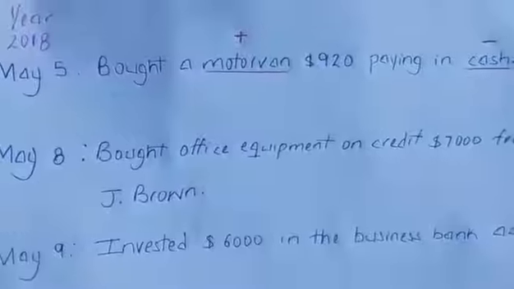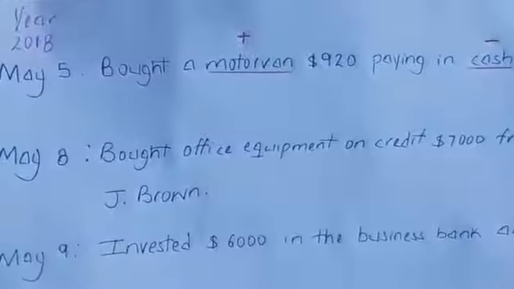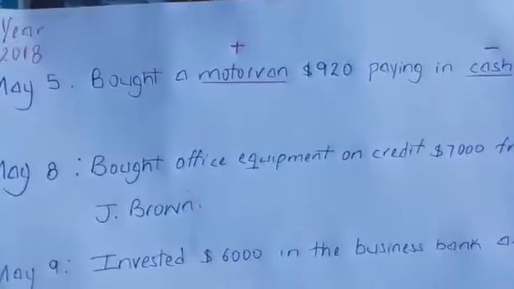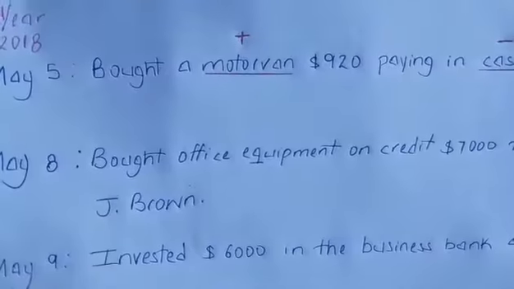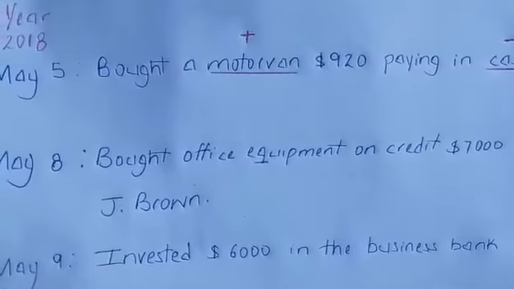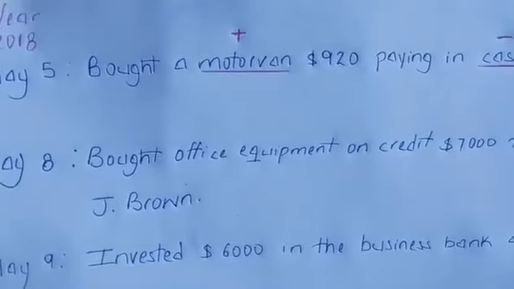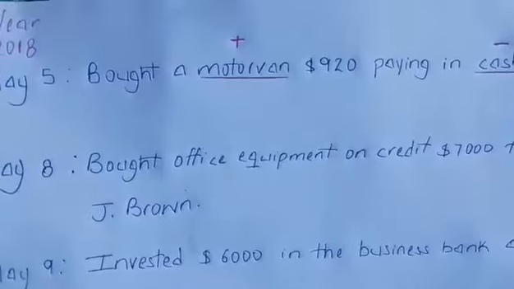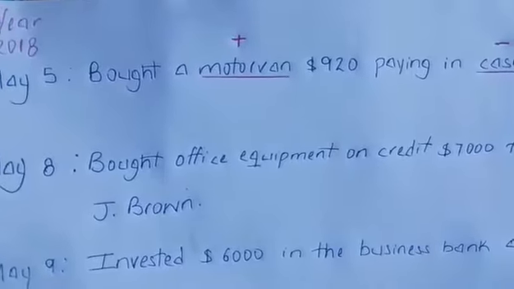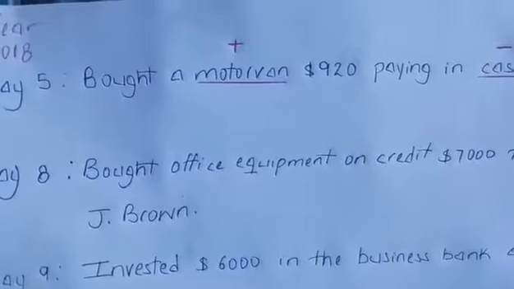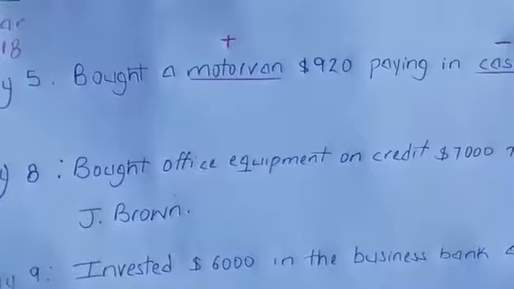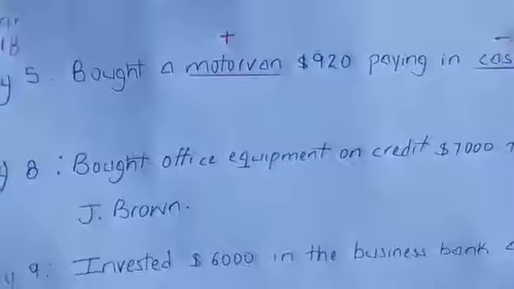Motor van would be classified as an asset. So in this case, motor van is an asset, and as an asset increases, because the plus right there represents increasing, the table says that we are to debit. So we are to make a debit entry because the asset is increasing.